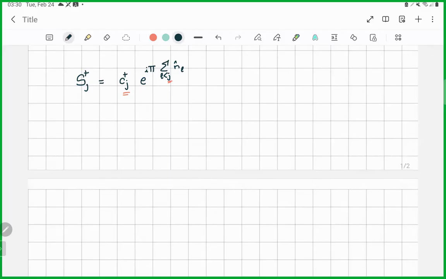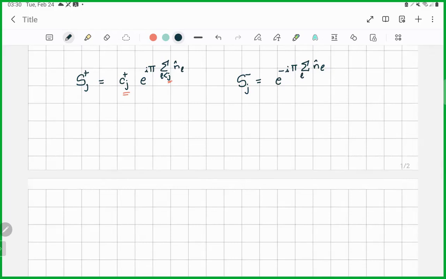Okay. Now, the spin lowering operator will be mapped into the annihilation operator. But it also has that exponential. And careful now, the sign changes and the order also changes. Order matters when we are dealing with operators, and especially when we are dealing with fermions.